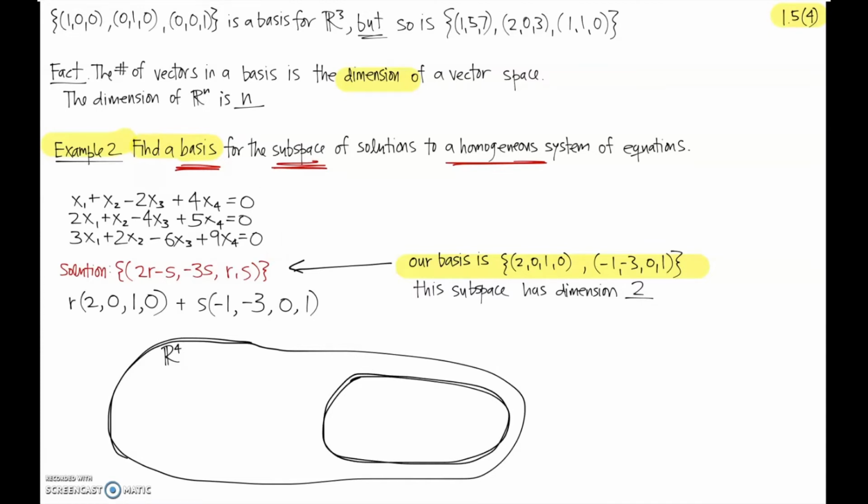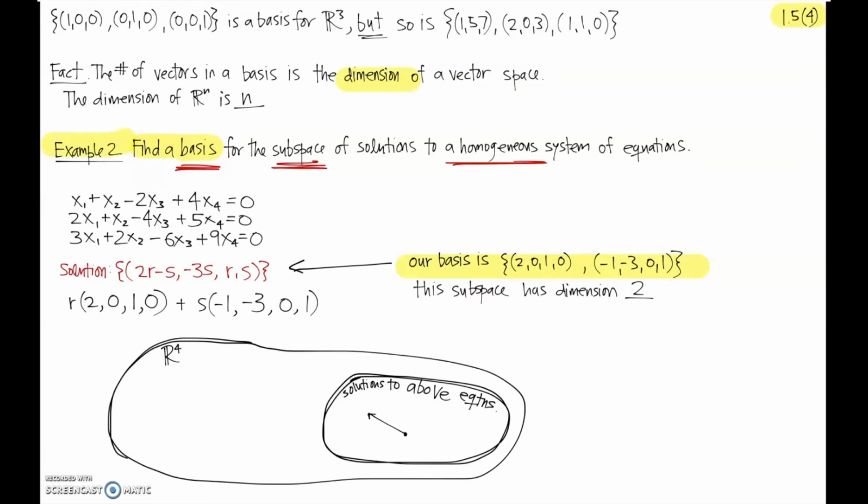So this is our subspace, and these are solutions to the above equations, and really this whole subspace can be built by just 2 vectors.